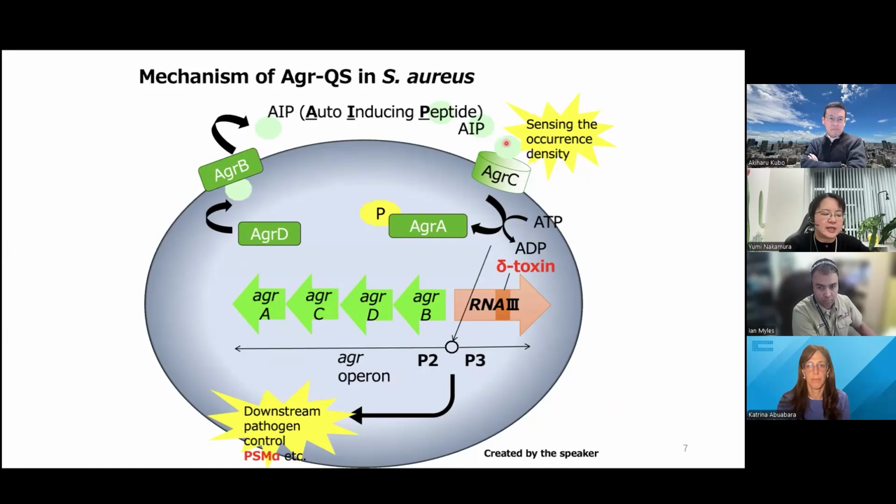After that, AGRA and AGRC form a two-component signal transduction system and positively regulate AGR expression itself. This also regulates downstream signaling. RNAIII, which encodes delta toxin, also works as a non-coding RNA that controls several downstream virulence gene expressions. Not only delta toxin, but also PSM alpha, which I will talk about later, are strictly regulated by this system.